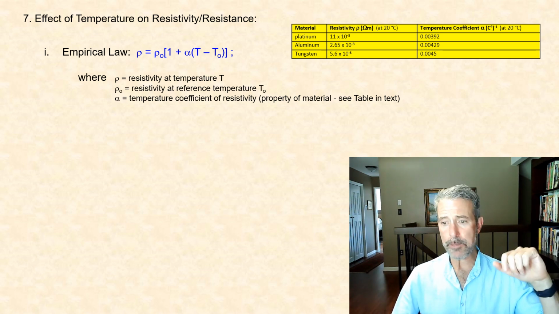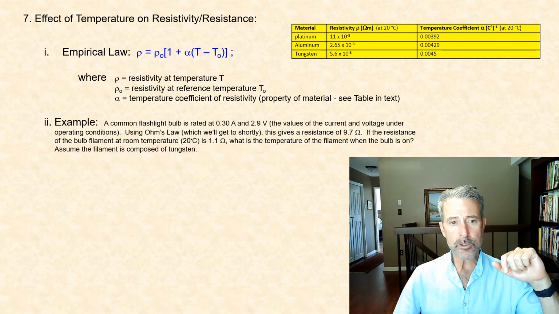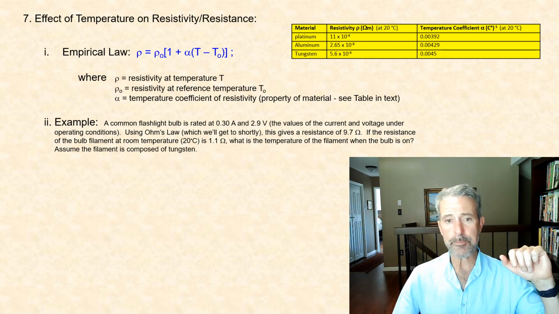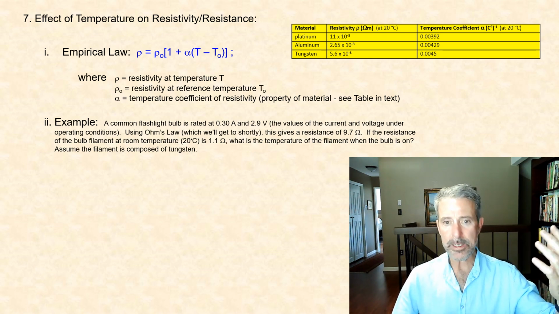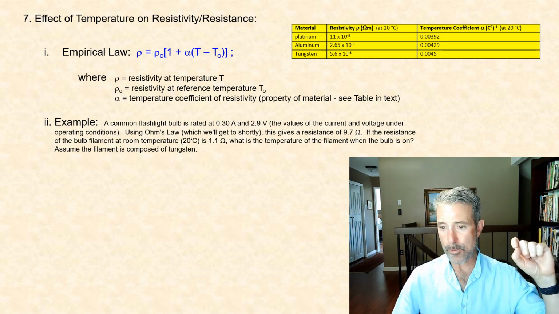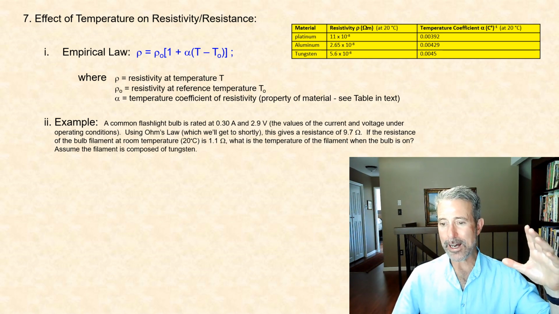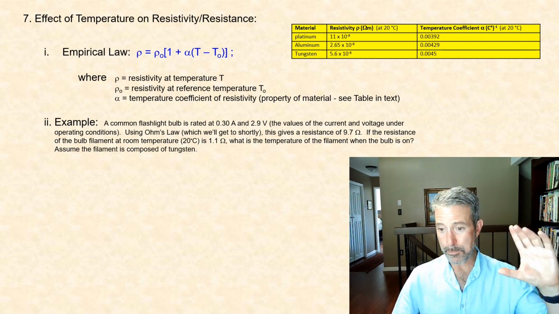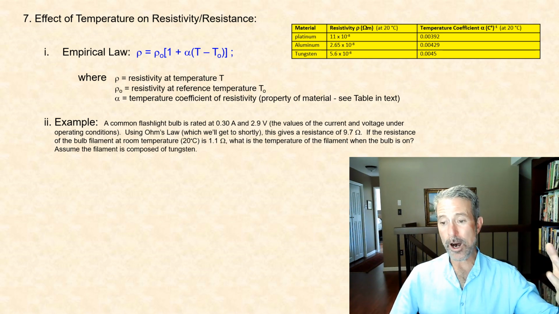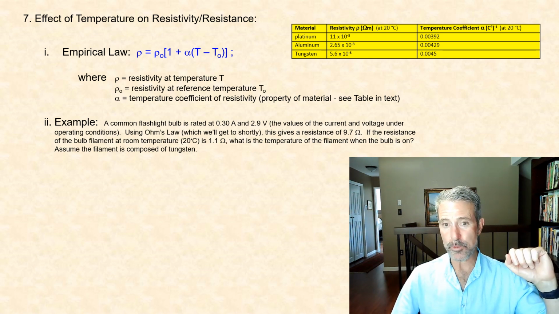So to get a little bit of practice applying this empirical law, let's take a look at an example here. We are told in this example that a common flashlight bulb is rated at 0.3 amps and 2.9 volts. And these are the values of the current and voltage under operating conditions. So for example, a 3-volt bulb and a 3-volt battery, you can have two 1.5 volt batteries in tandem to give you a total voltage of 3 volts.